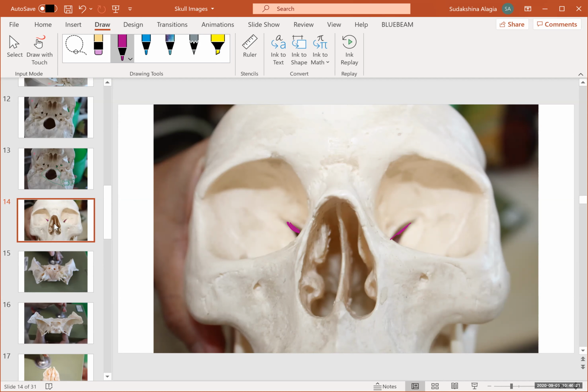The bone around that is the sphenoid bone. Much of the sphenoid bone is visible internally only. All you see externally, if you're looking into the orbit, is the orbital surface. Remember, we call it the orbital surface.